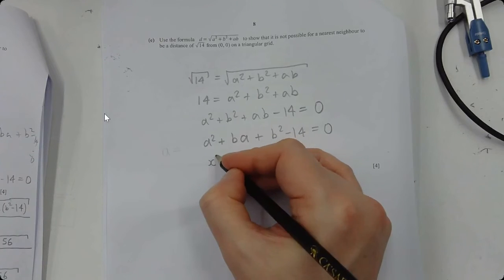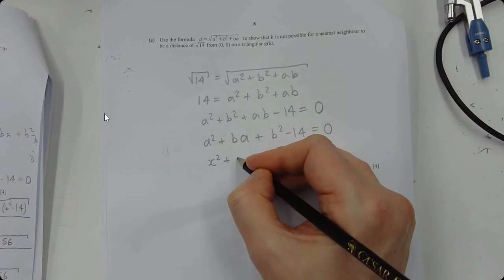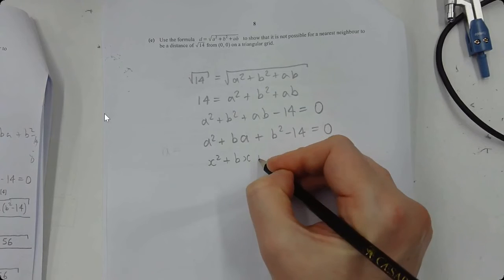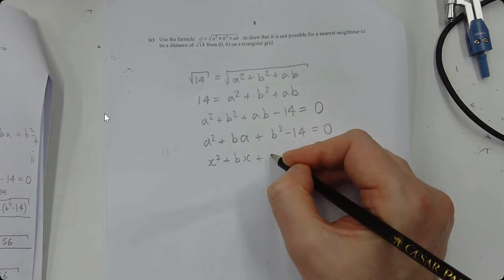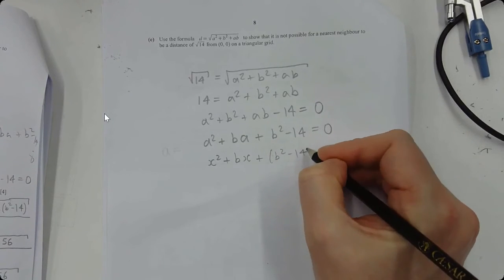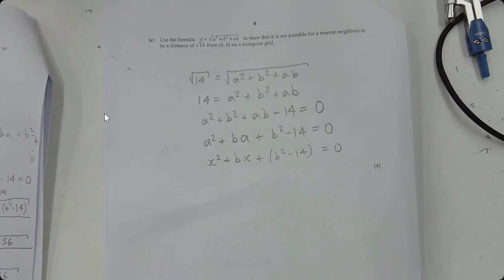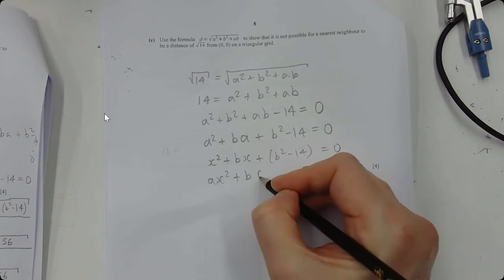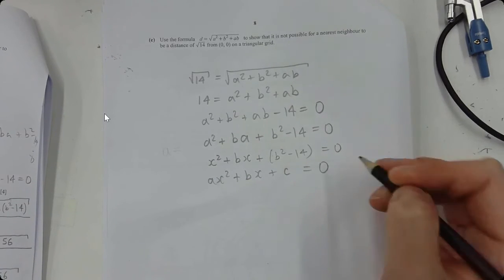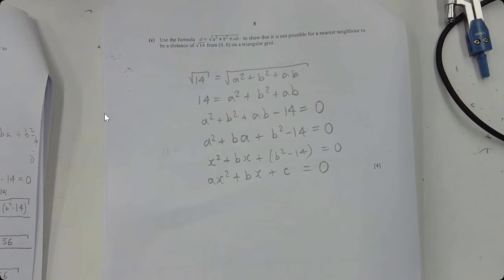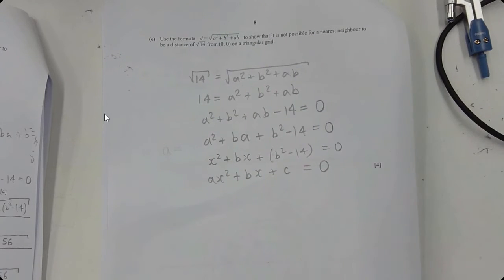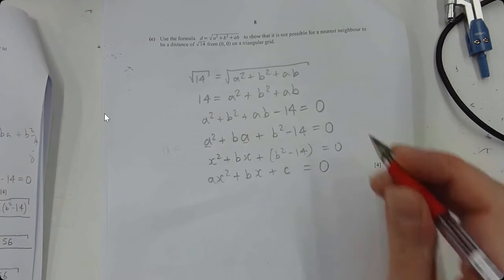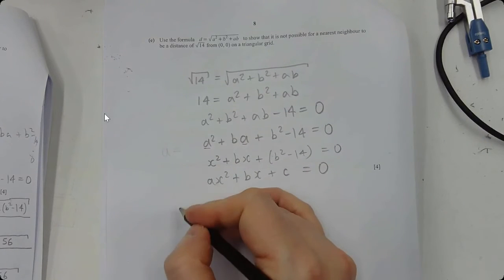Normally it'd be x squared plus bx plus b squared minus 14 equals 0. So in the form we're used to, something x squared plus something x plus something with no x's equals 0. So it's written in that form. But I'm going to keep it, I hope you can cope with this, all in terms of a, not x, because I'm going to make a the subject.